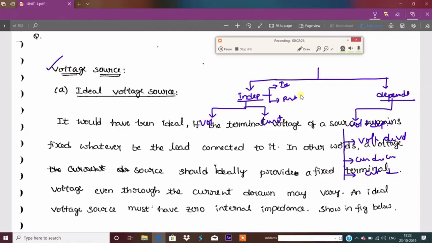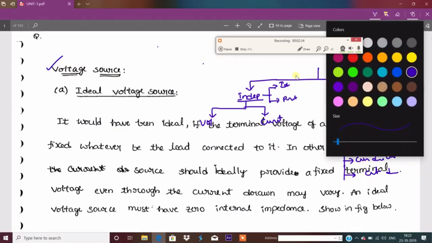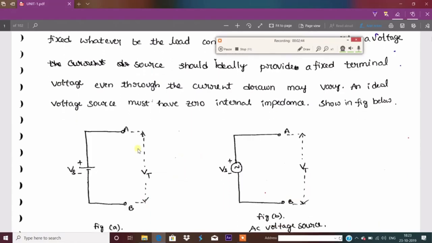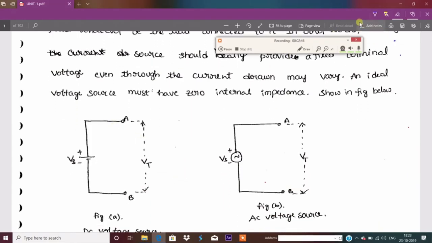First I will start with the voltage source, ideal case. What is meant by ideal? In the ideal source, see here, the terminal voltage remains the same. Just look at this figure. In this figure, for example, I apply 10 volt.